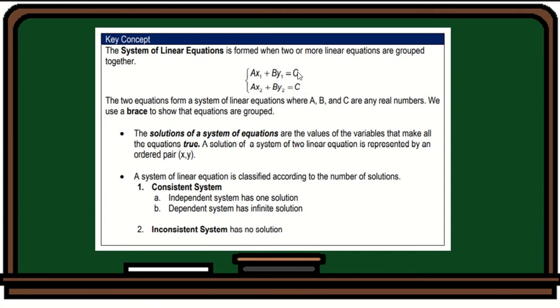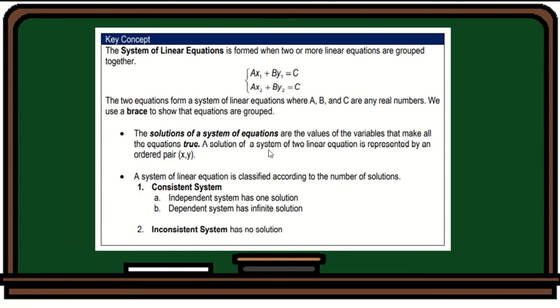We have equation 1 and equation 2. Again, a system is formed by two or more equations, so we can have more than two equations here. This is what we call the brace. The brace indicates that these equations are in one group.